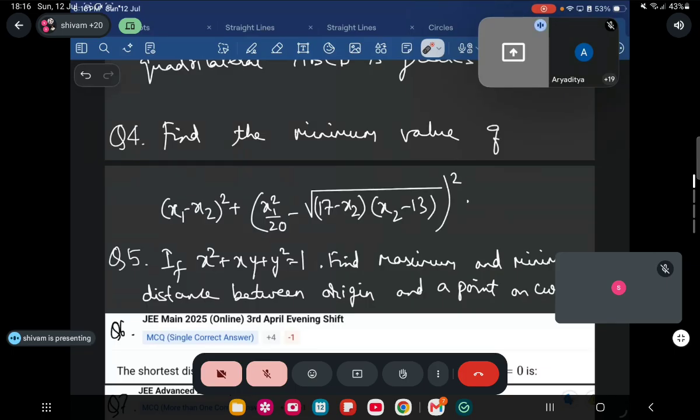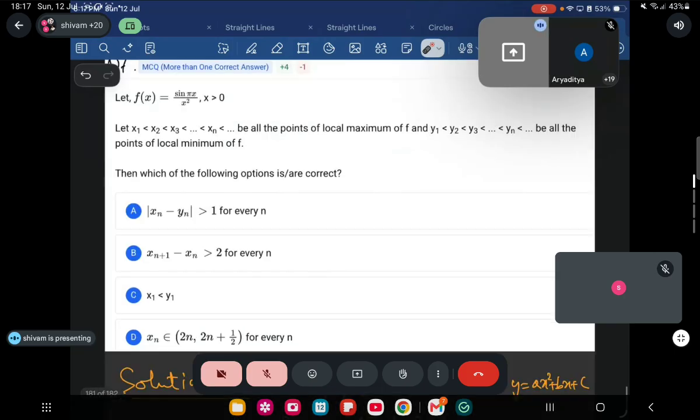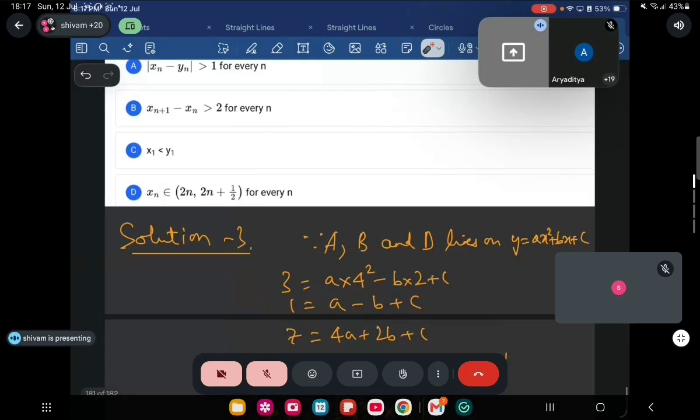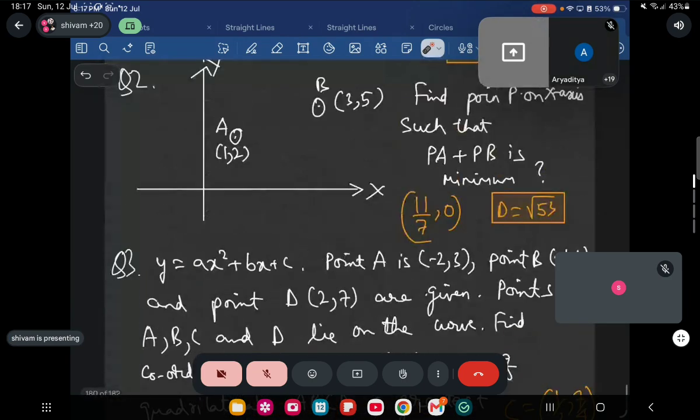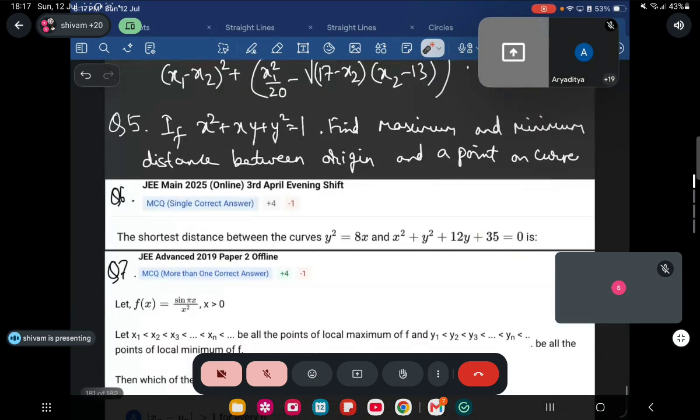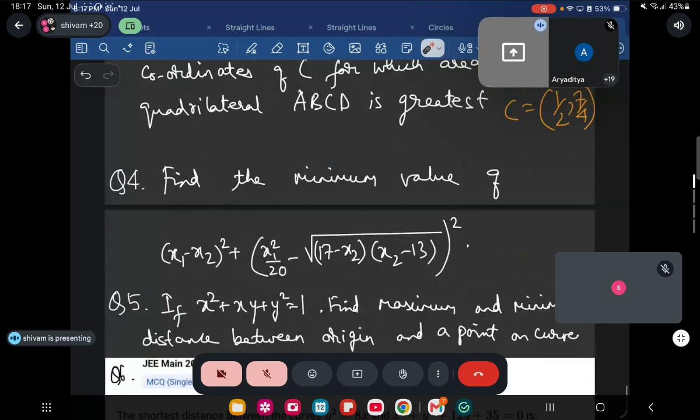Anyone having any doubt? Should I solve? Yes, sir. Okay, let us solve. You have understood that one curve will be a parabola, y equal to x square by 20, and the other curve will be a semicircle. If this is a semicircle, what is the center of the semicircle? Very easy, just look at it. 15.